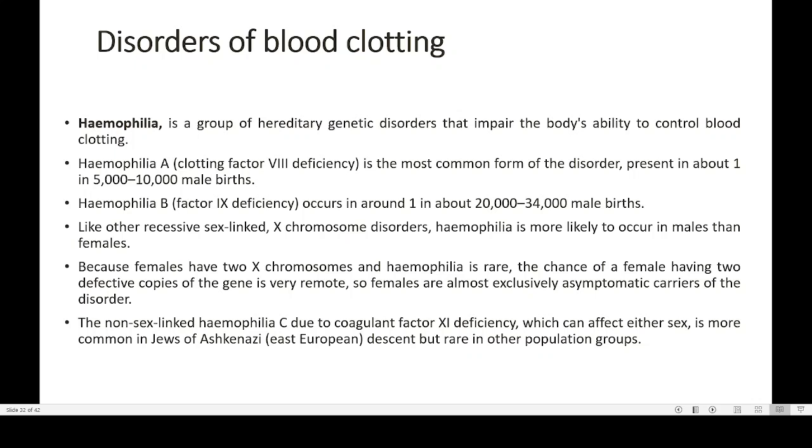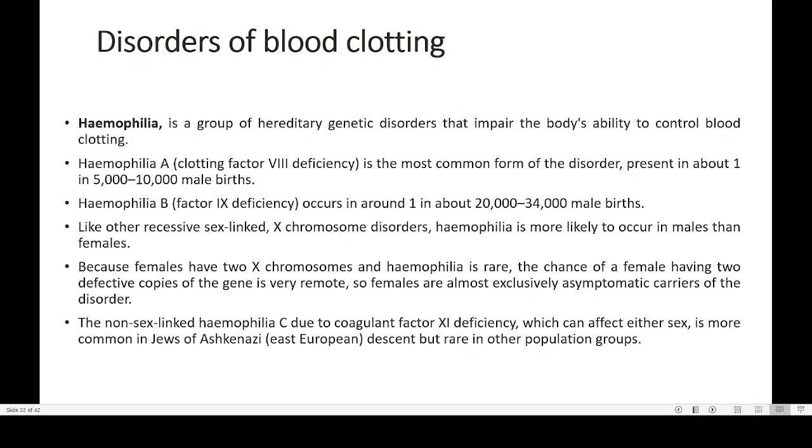Now, like other recessive sex-linked X chromosome disorders, you might have studied in genetics that we have X chromosome and Y chromosome. Male have one X chromosome and one Y chromosome, and women have two X chromosomes. So for a character to be observed in a woman, two copies of the same defective gene should be there.